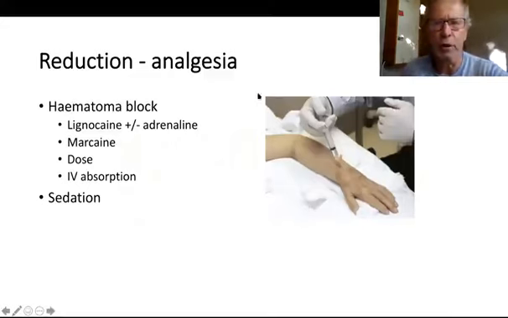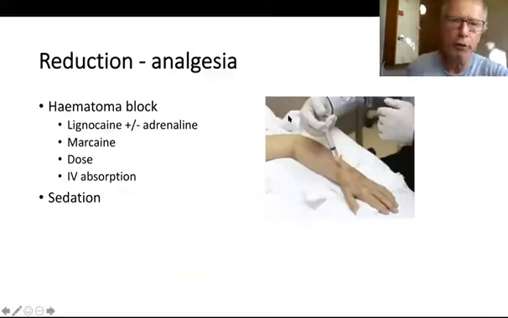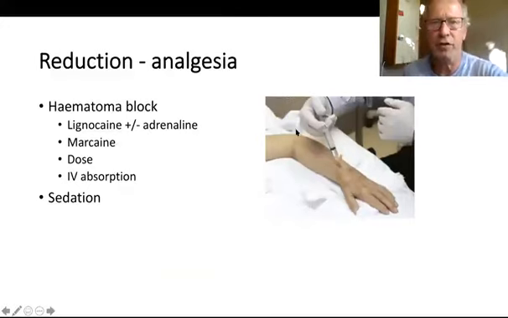So hematoma block is our go-to way of doing it. Now remember, you are putting a needle into a fracture, so technically you're converting it to an open fracture. So knowing that, gloves, sterile technique, obviously pay attention to detail. Then having done that, what are you going to use?